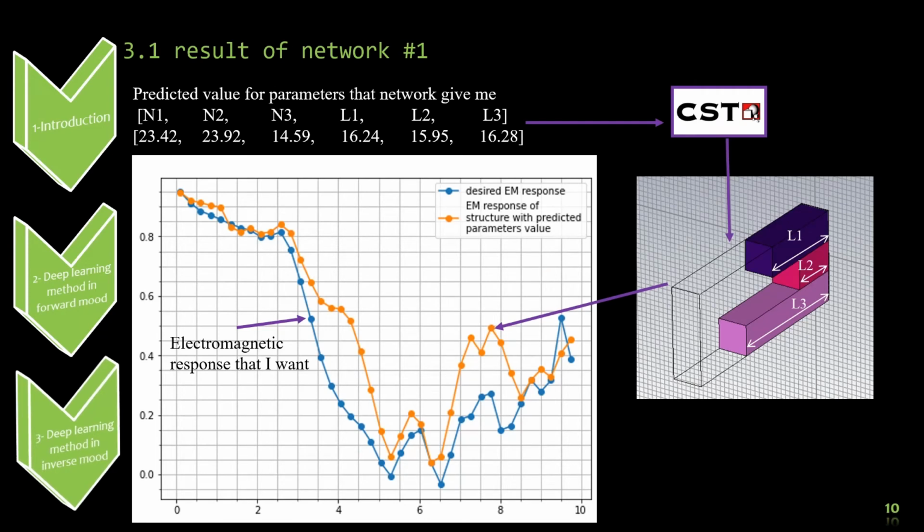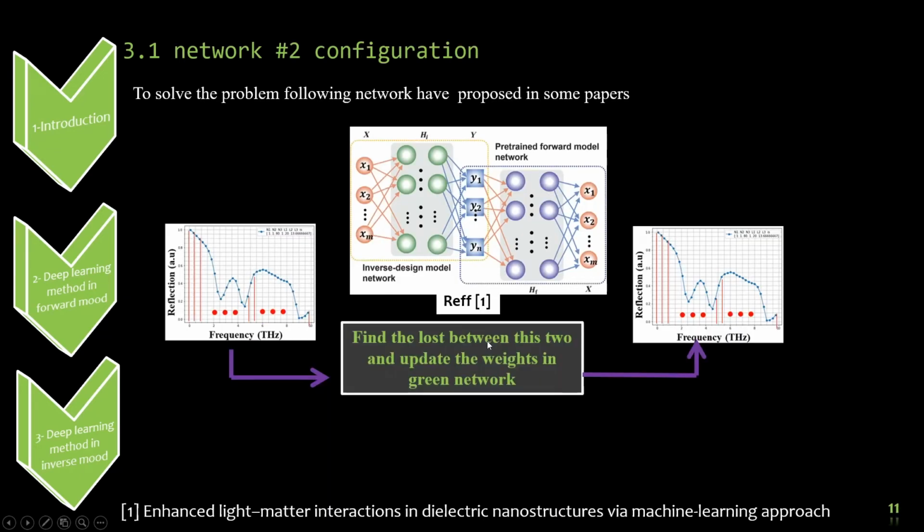So here you can see when I tell the neural network I want this blue line and ask what the best parameters are, it gives me these 6 values. When I give these 6 values to CST and design the structure, I get this orange plot, and this is not good.